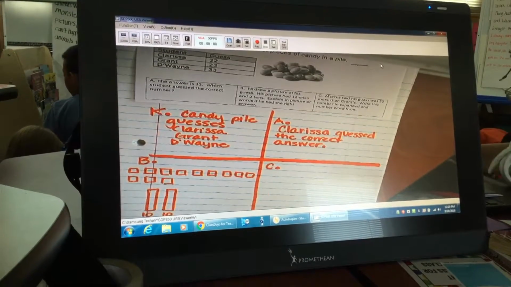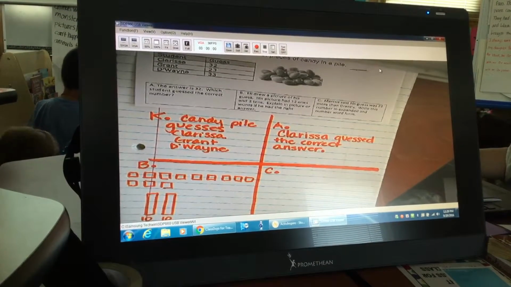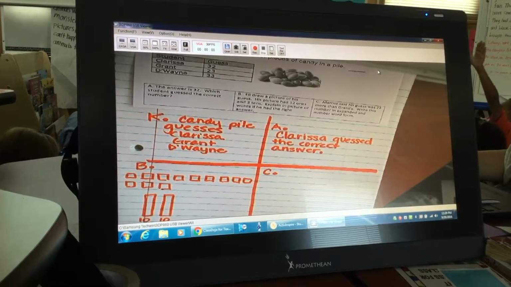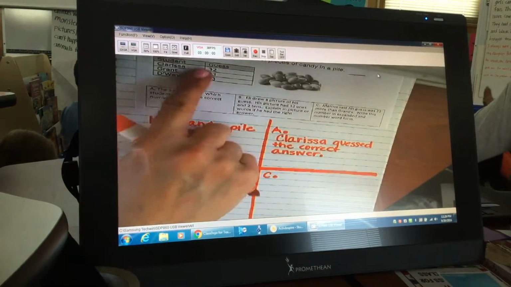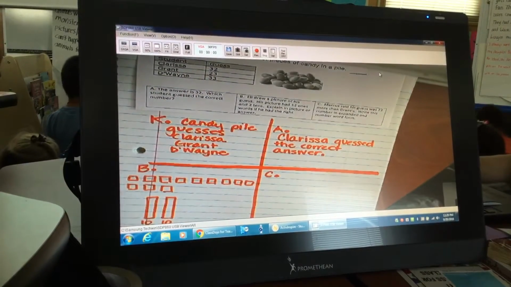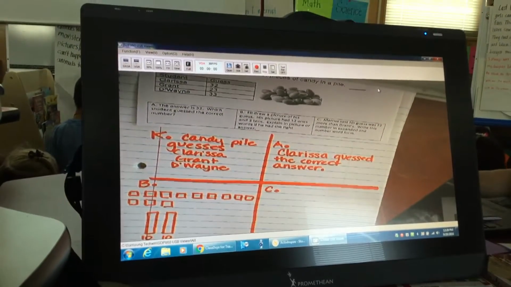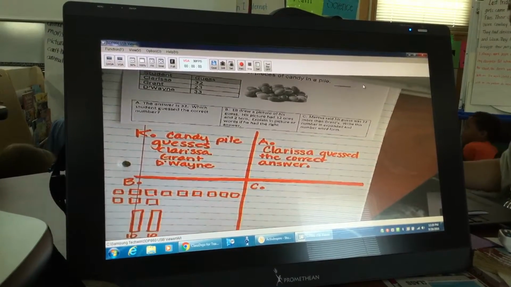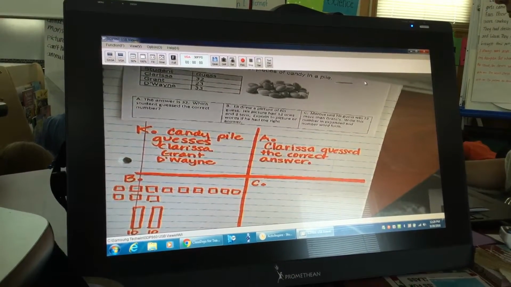We said Clarissa guessed the correct answer. What did she guess? Right up here in the chart. What did Clarissa guess? 32. So we have to figure out if this picture equals the number 32.